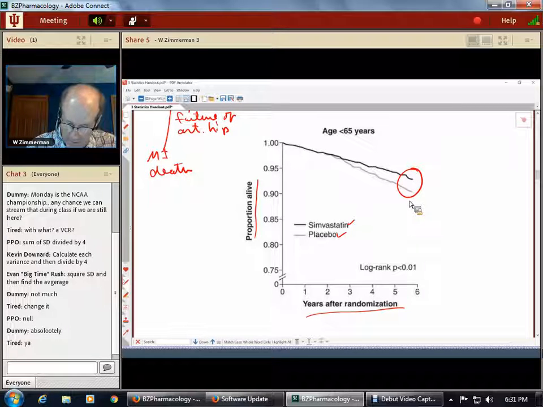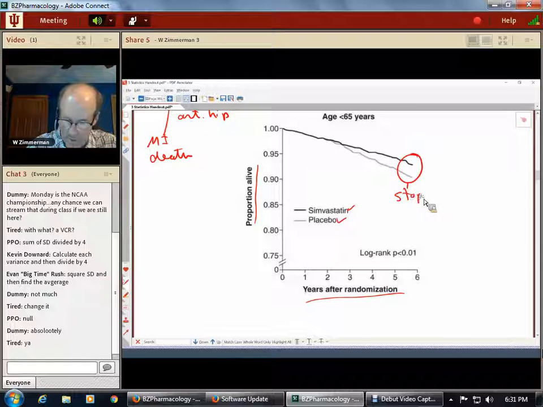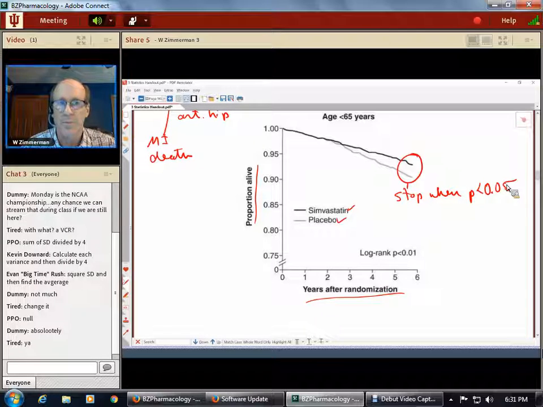And usually these studies are going to stop. You have to stop them when the P is less than 0.05. When you're showing that your treatment is either harmful, causing more people to die, or it's healthy and preventing people from dying, and you've gotten to P less than 0.05, you get to stop.